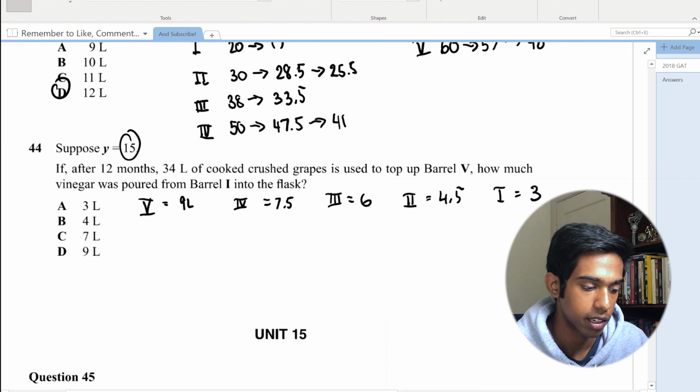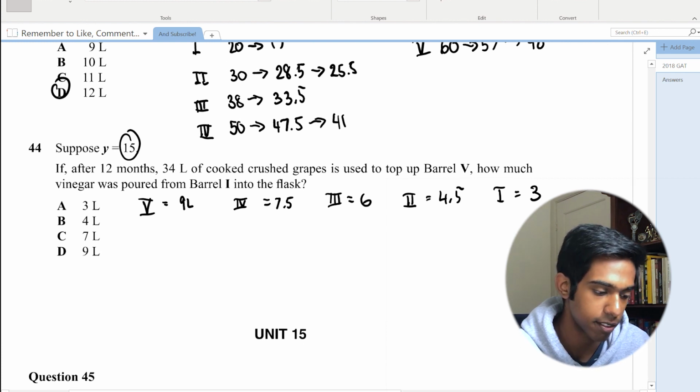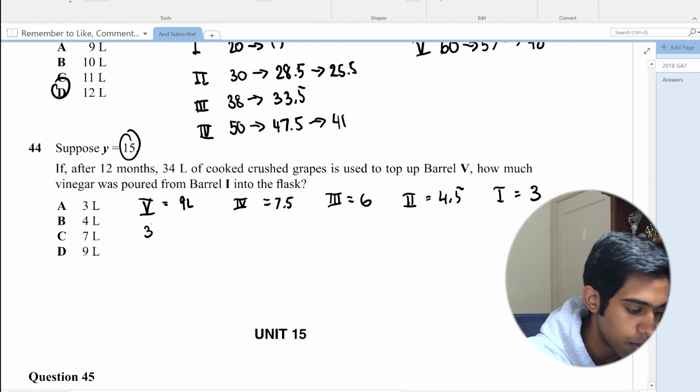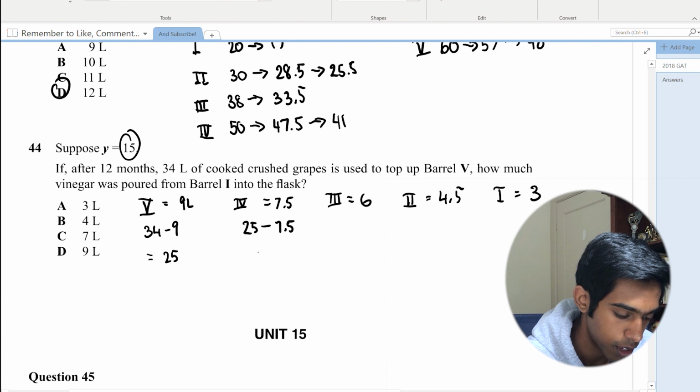So now I know that if 34 liters of cooked crushed grapes is poured into barrel 5, then you can do 34 minus 9 to give us 25. Then we take that 25, that's how much we're filling into this. Minus 7.5, we get 17.5.